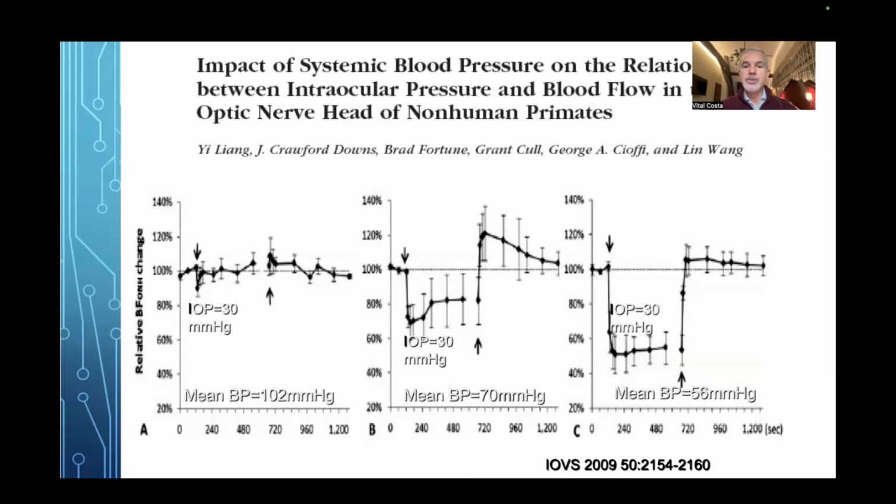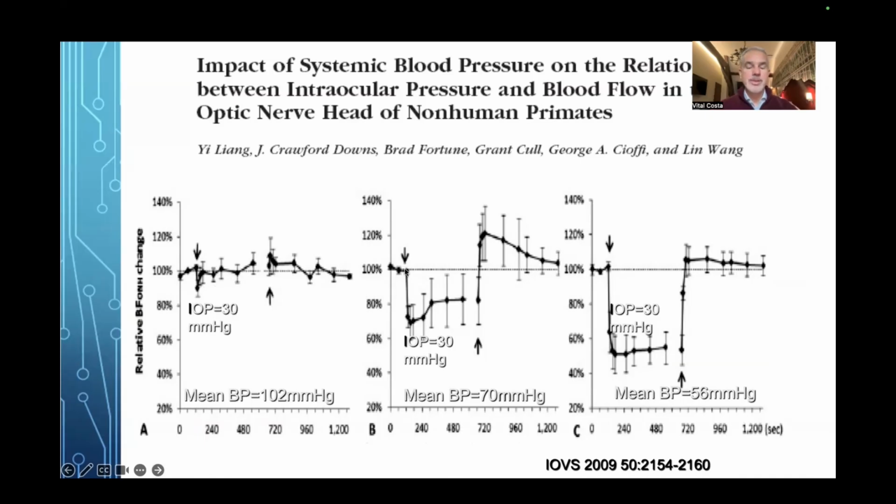Something that was already shown a long time ago in 2009 in an experimental study here in primates. The group of George Chaffee observed the perfusion of the optic nerve with laser speckle photometry with an increase in intraocular pressure with a normal blood pressure of 102, showing that there's mainly no change in blood flow because of autoregulation.